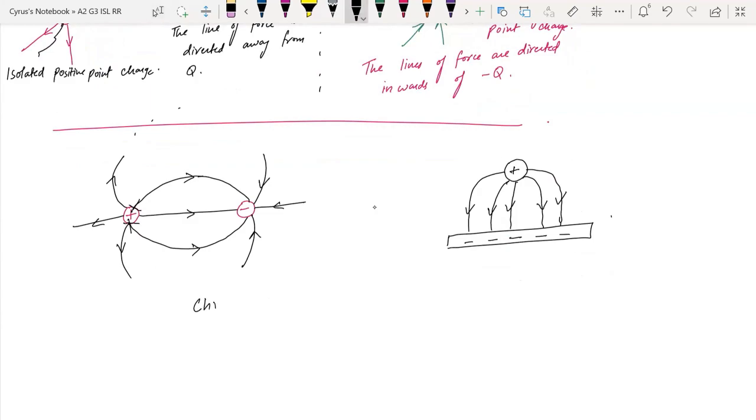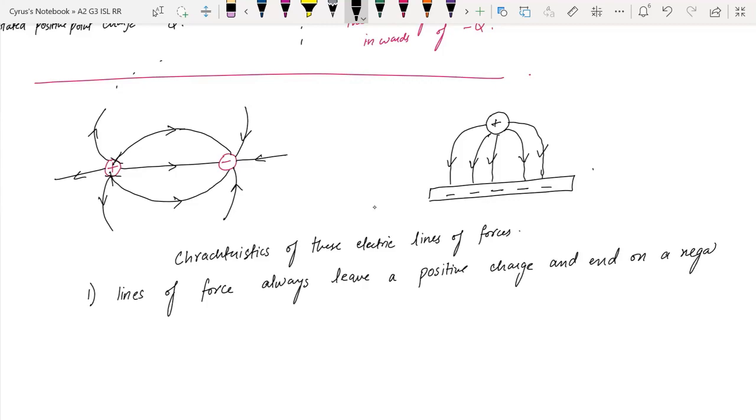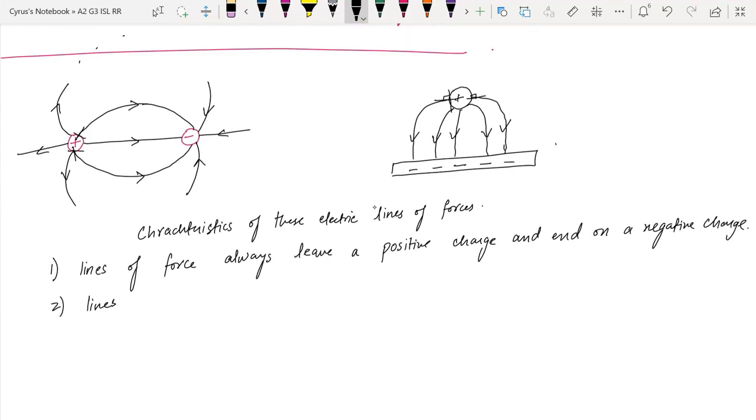There are certain characteristics of these electric lines of forces. Number one, lines of force always leave a positive charge and end on a negative charge. Number two, lines of force always leave or end on a conducting surface at right angles.